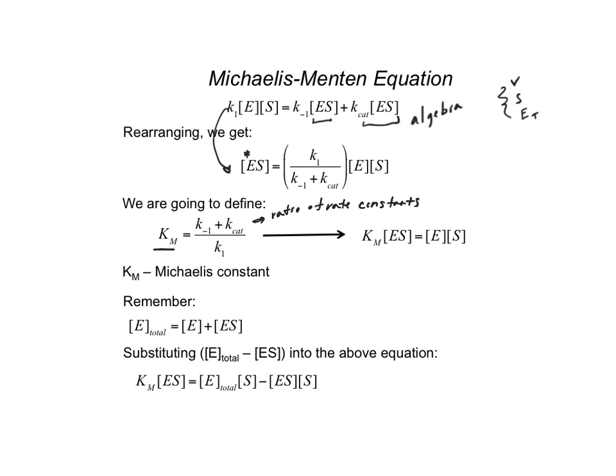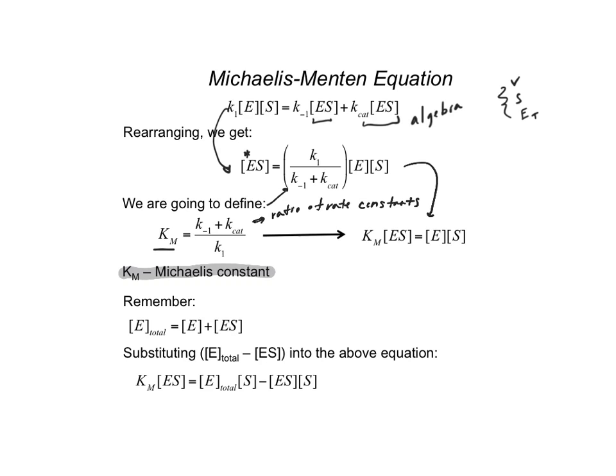And so this ratio of rate constants is essentially the inverse of what I have up here. So because of that, again, more algebra is going to occur. And this thing, when we plug in Km for this ratio of rate constants, is going to turn into this. Okay, so again, Km is a ratio of rate constants. We call it the Michaelis constant. And we're going to talk more about what it means in a second.